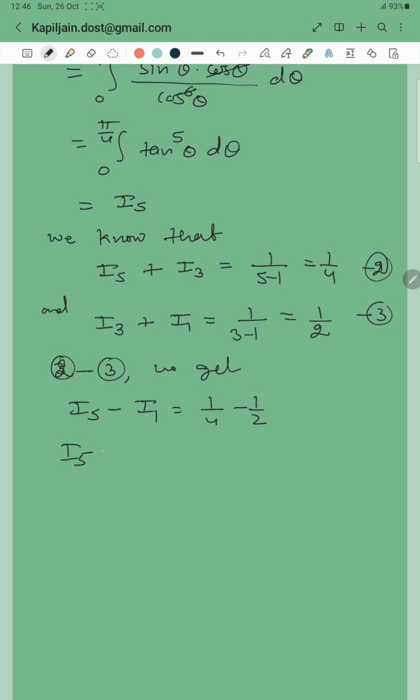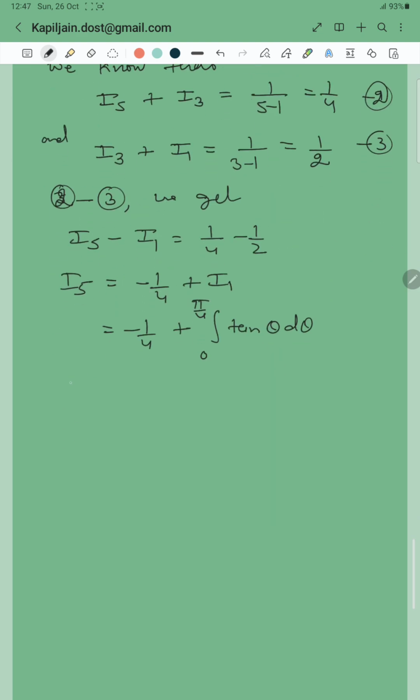So I5 is equal to minus 1 by 4 plus I1, and I1 is integral from 0 to pi by 4 of tangent raised to power 1 theta, meaning tangent theta, and we know that the integral of tangent theta is log of secant theta, and this is a definite integral with theta from 0 to pi by 4.